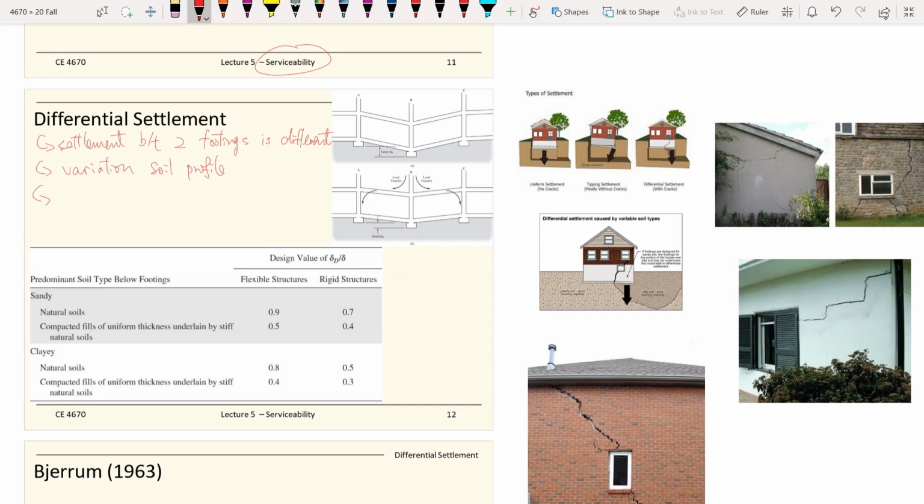And sometimes the variation is not from the soil; it's because of the structure. If you have, I don't know what special building it is, but if you have very concentrated loads that give a high amount of loading at certain locations, for example, maybe you have a very heavy water tank, somehow, I don't know why the structure is designed with it at a special corner, then it could happen.